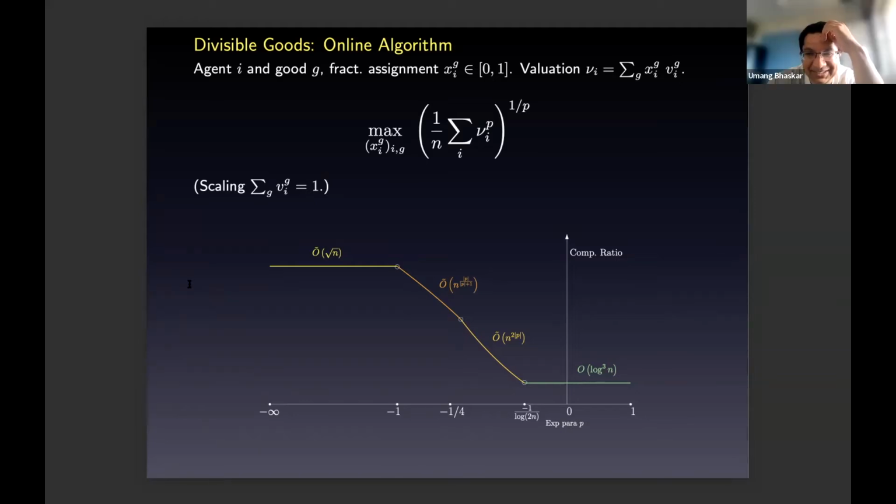For egalitarian, the analysis is tight, not just the analysis, there's a lower bound of square root n. We get an upper bound of something like square root n log n or log square n. So it's the log factor being hidden, but up to that it's tight. And prior to this work, there was no known algorithm even for the egalitarian welfare, let alone for others.